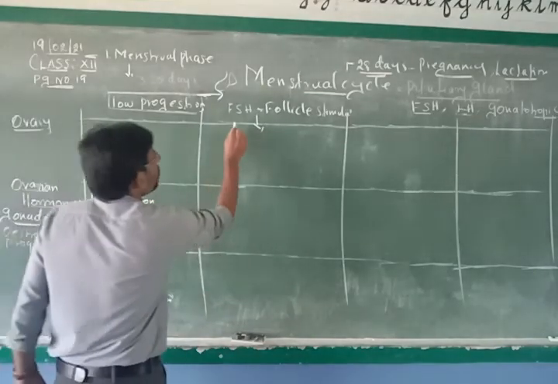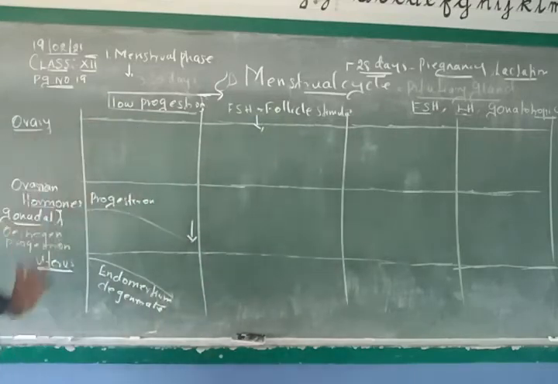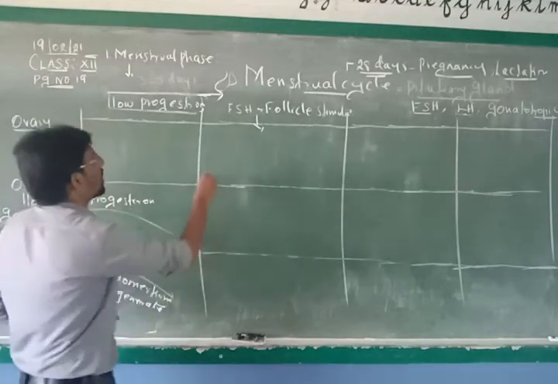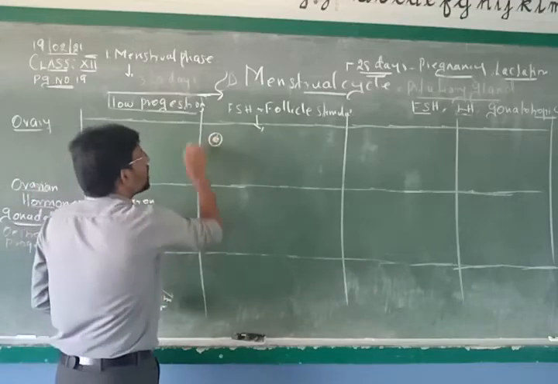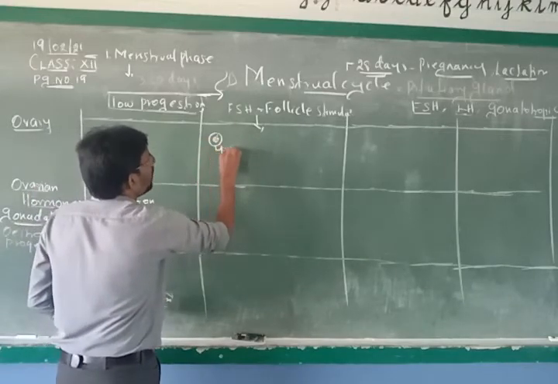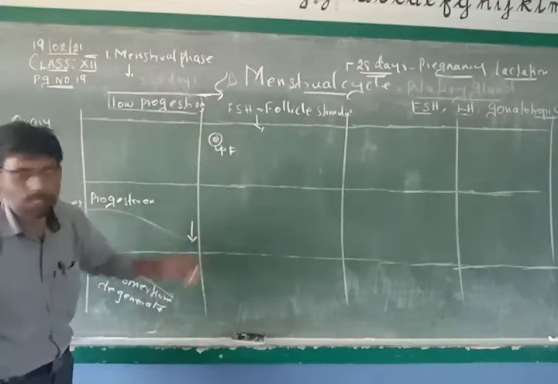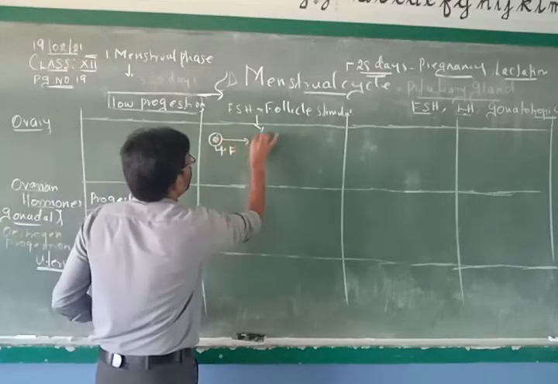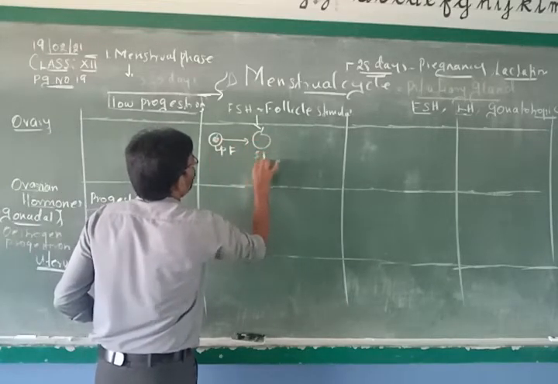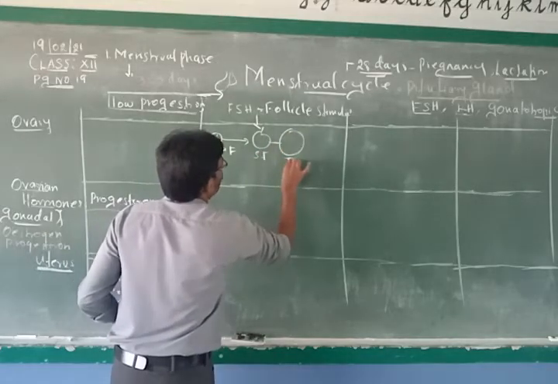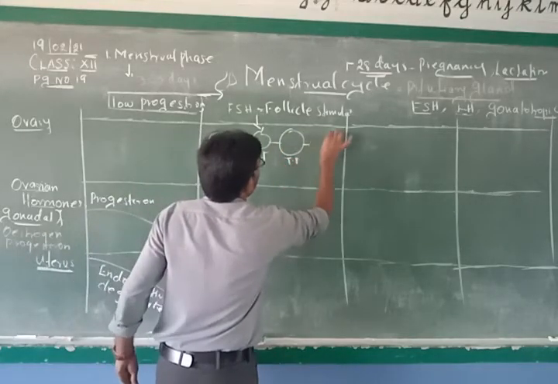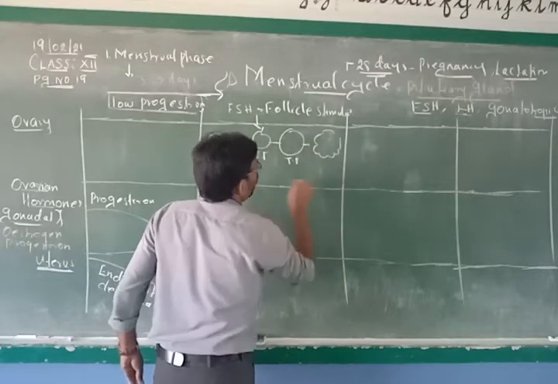Now inside this ovary, this follicle stimulating hormone will develop those follicles. Number one, the story we have already discussed. This is the primary oocyte, surrounded by the primary follicles, PF. Then it will undergo a structure called secondary follicles, then tertiary follicles, then it forms a structure called Graafian follicles.